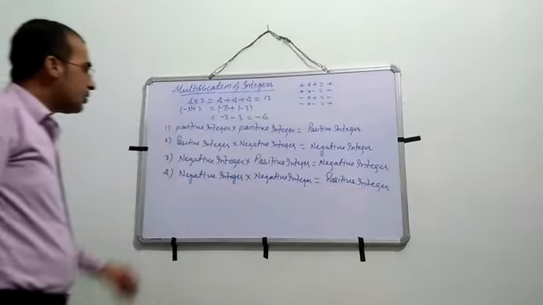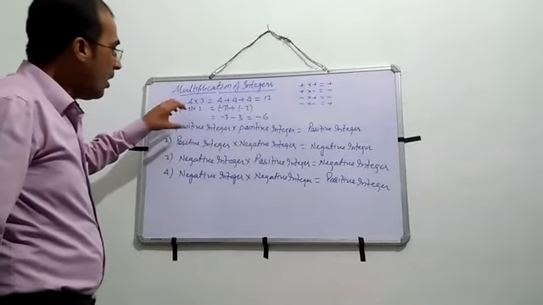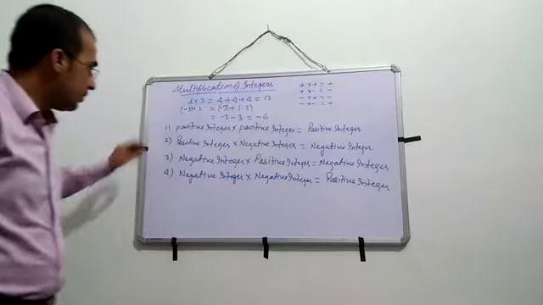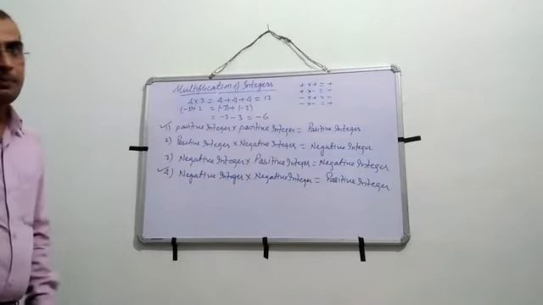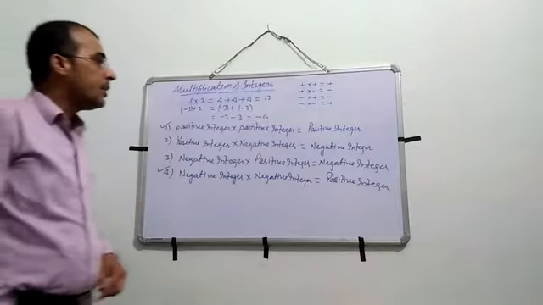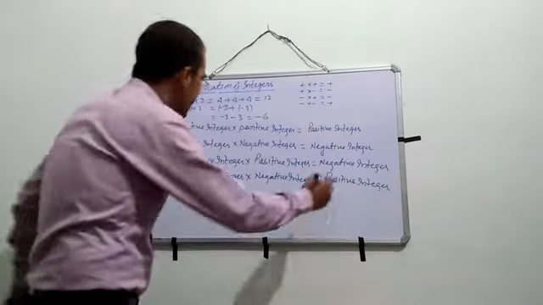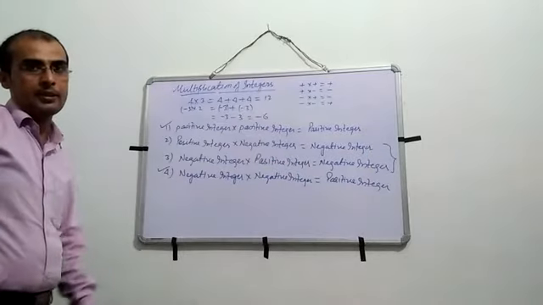If the signs are the same, the product is always positive; you can see the first and last cases. If the signs are different, the result is always negative; you can see the second and third cases.